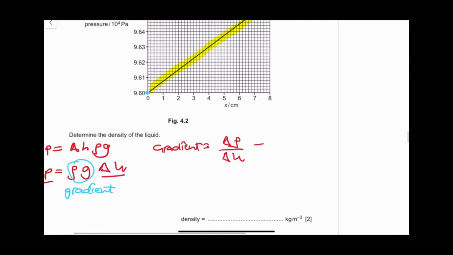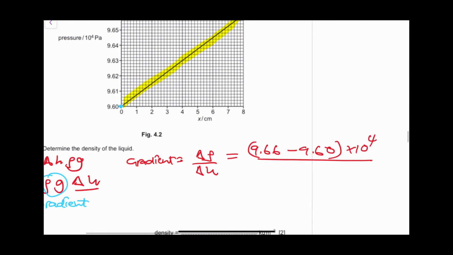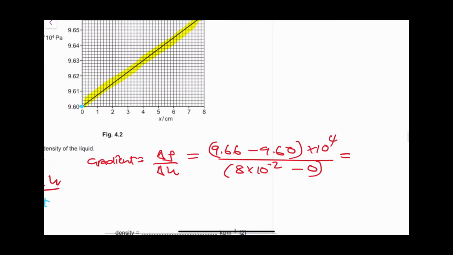My difference in pressure, from those 2 points, will be 9.66 subtract 9.60, times 10 to the power of 4, divided by my change in height, which is 8 times 10 to the power of negative 2, subtract 0.